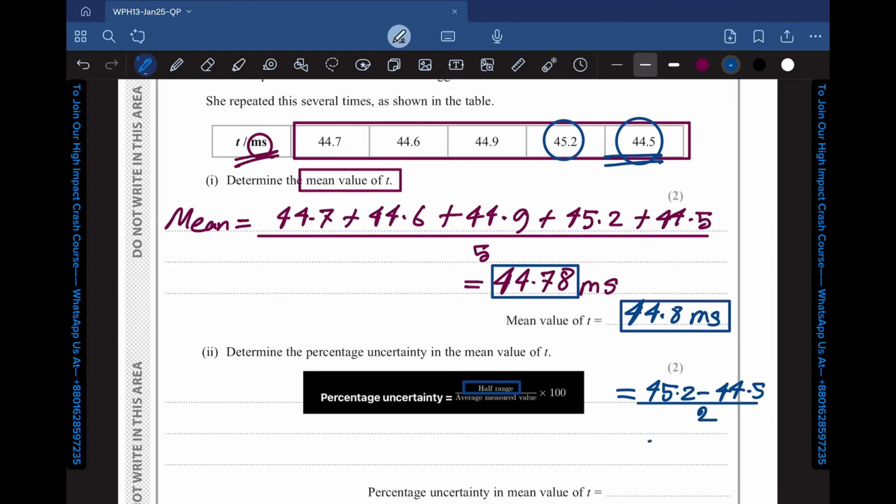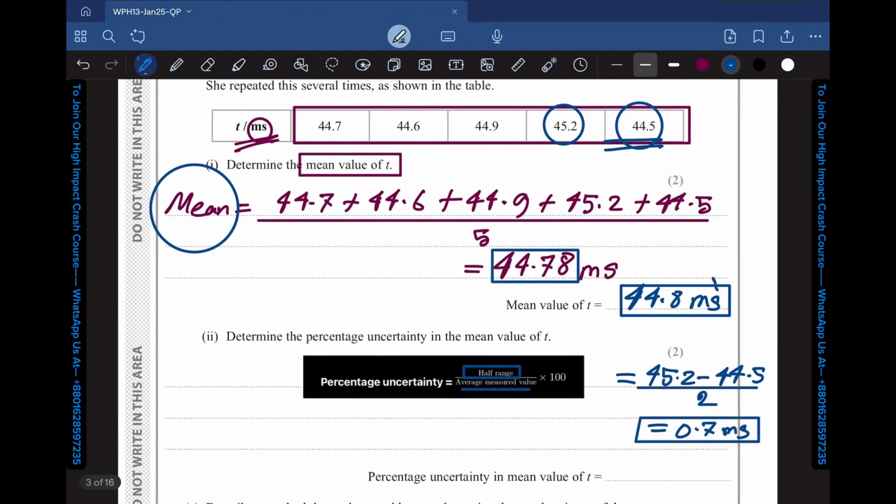So our half range value will be 0.7 ms. Now we will use this half range value divided by the average measured value. The average measured value means the mean, also the average, right? So we will write this mean value, times 100%.